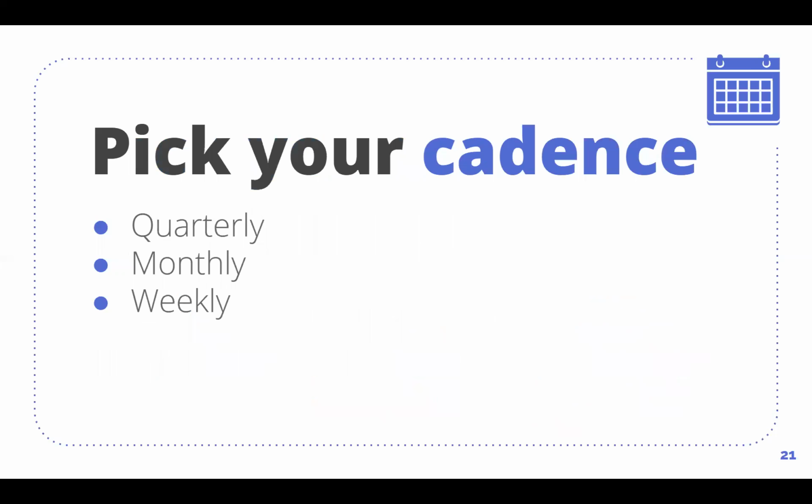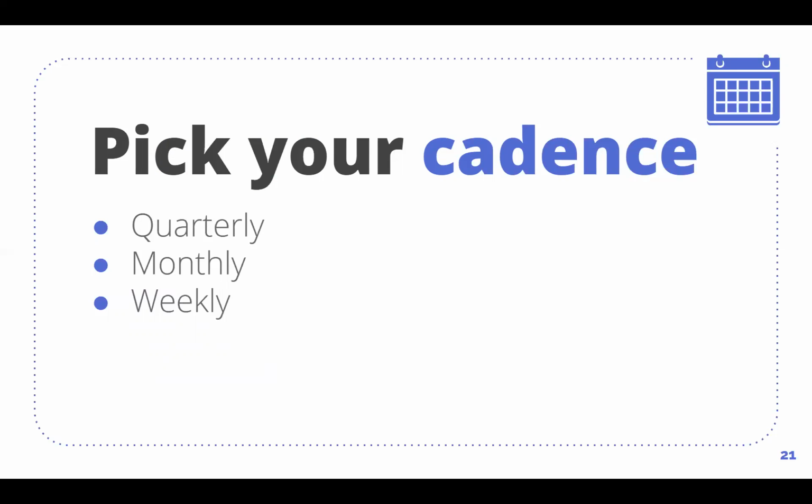So when you do set out to do a newsletter, you need to pick a cadence that works for you and try to stick to it. Quarterly, monthly, or weekly is what we would recommend. We wouldn't recommend as frequently as daily or as little as every year. We'd recommend somewhere in between the weekly to quarterly cadence. You just need to decide what works for you.